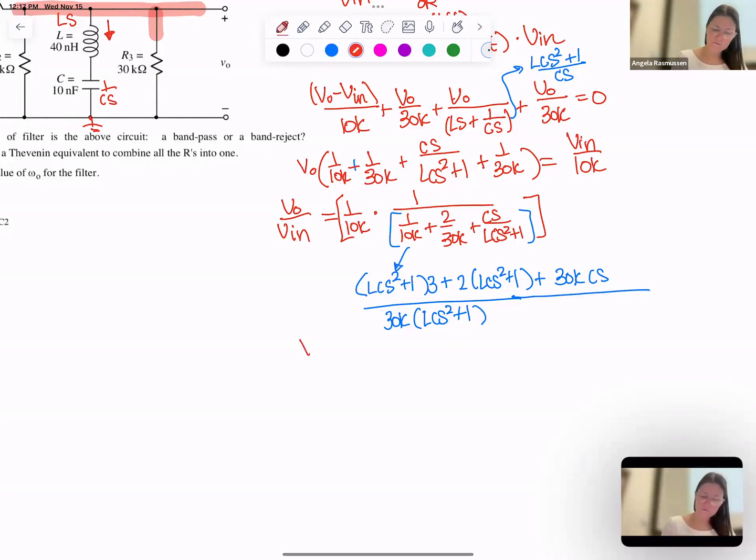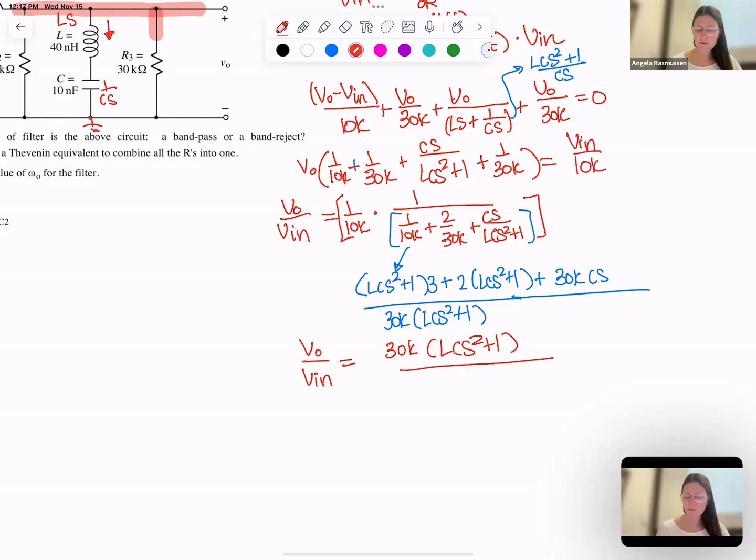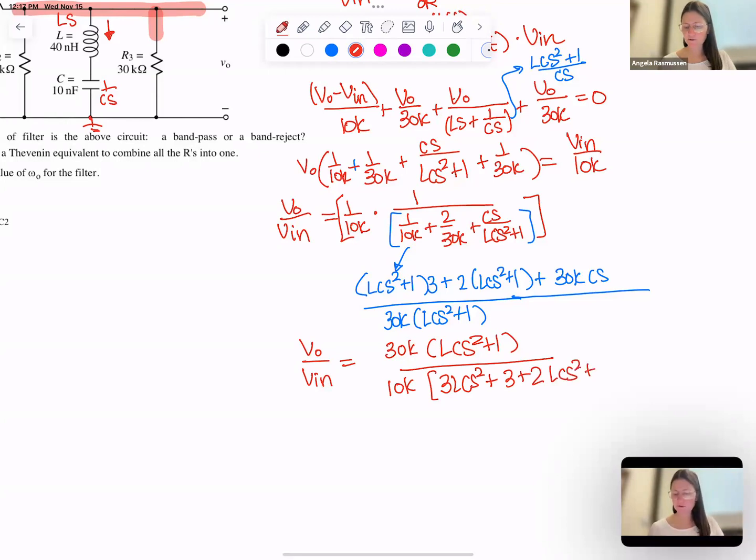And then that one will flip up to the top. So I'll get 30K LCS squared plus 1 on the top, 10K times all of this: 3 LCS squared plus 3 plus 2 LCS squared plus 2 plus 30K CS.